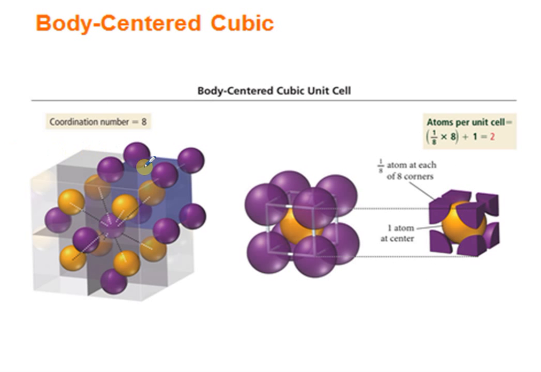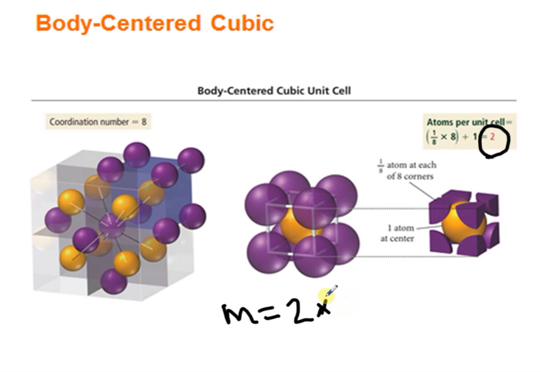So let's have a look at other relationships. If we look at a picture of what a body-centered configuration would be, we have the atom in the center, and then we have the other atoms in each corner of the cube. And when we look at the relationship here, we see that for this unit cell, we have two atoms that belong to the cell. So when we're looking at the density, we have to take into account that the mass of this cube is going to be two atoms, multiplied by the mass of one atom.